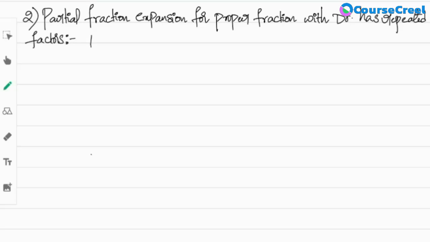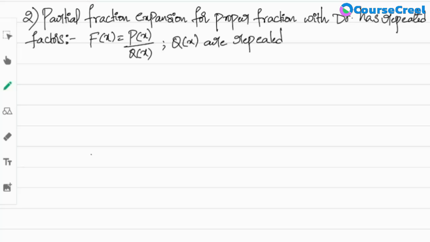That is, if f of x is equal to p of x by q of x, where the factors of q of x are repeated. So now we are going to see how to obtain the partial fractions for this case with an example.